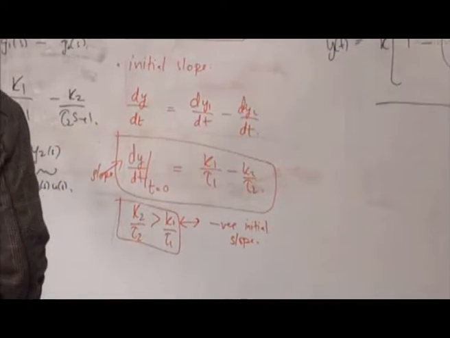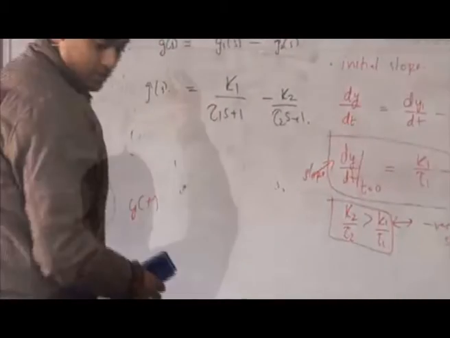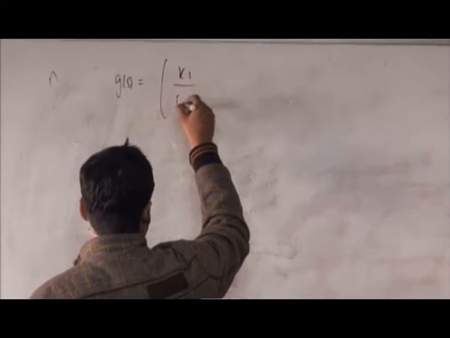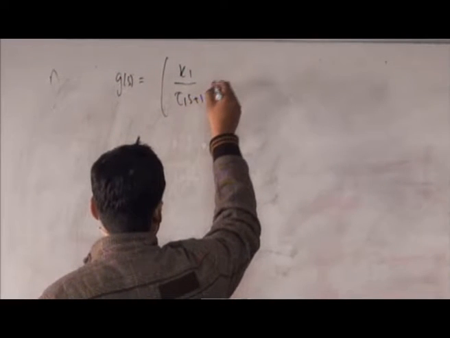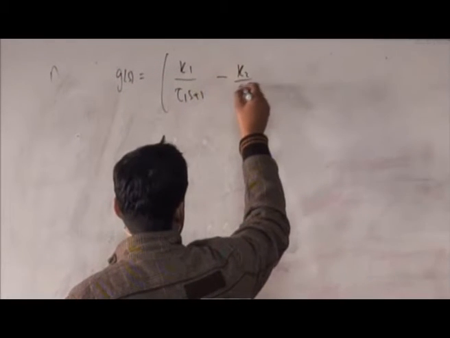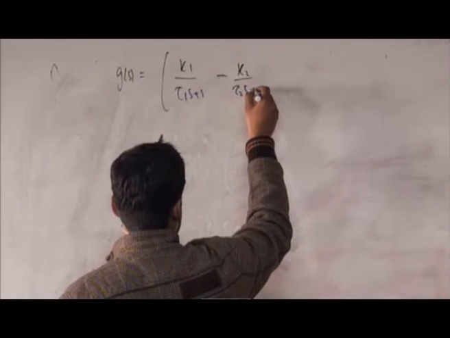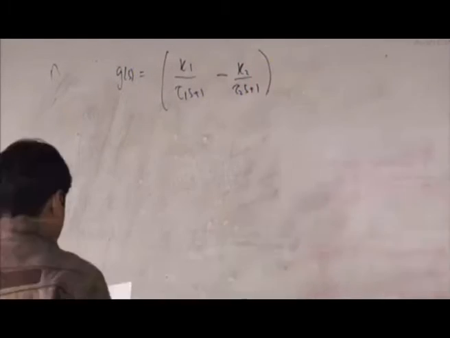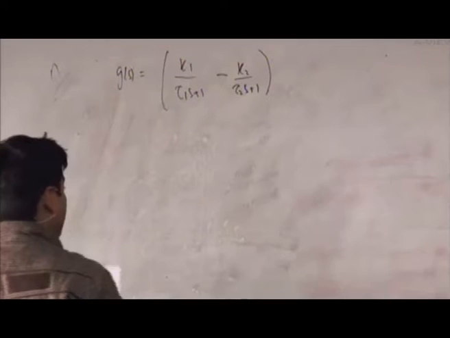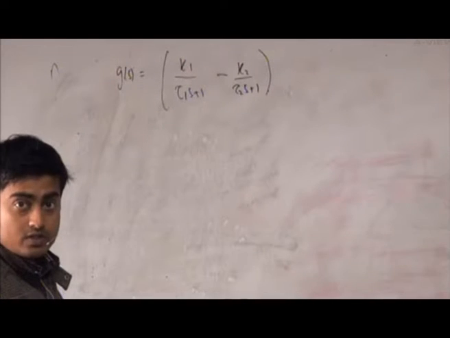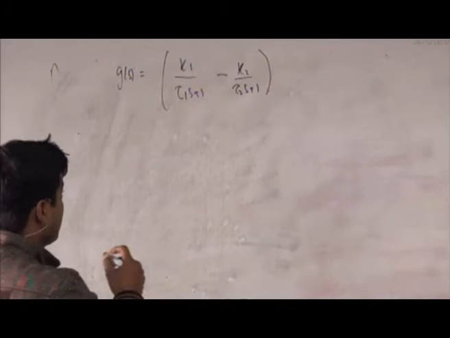So now we can write the conditions under which I will observe the inverse response. Let's simplify this transfer function. I'm just simplifying it so that we can observe quickly what is going to happen and where the zeros appear in this system.